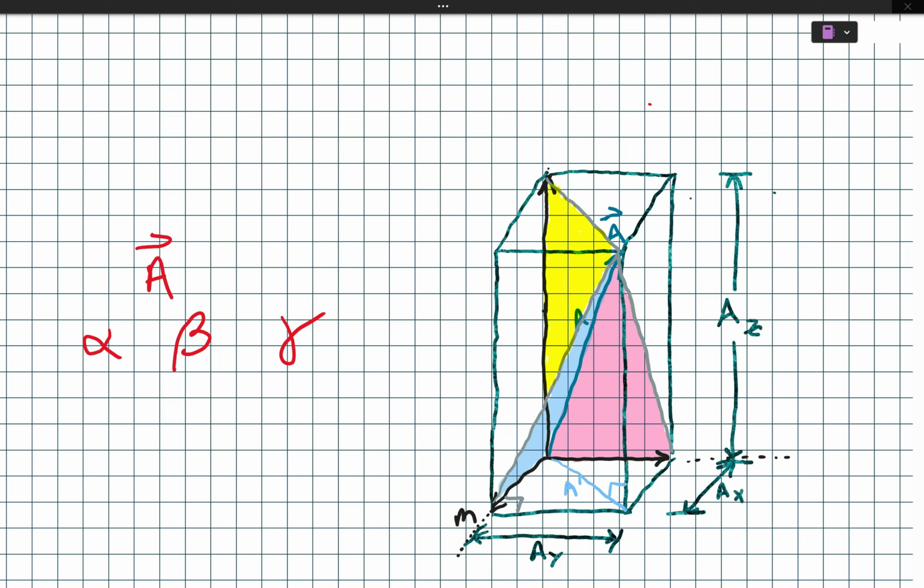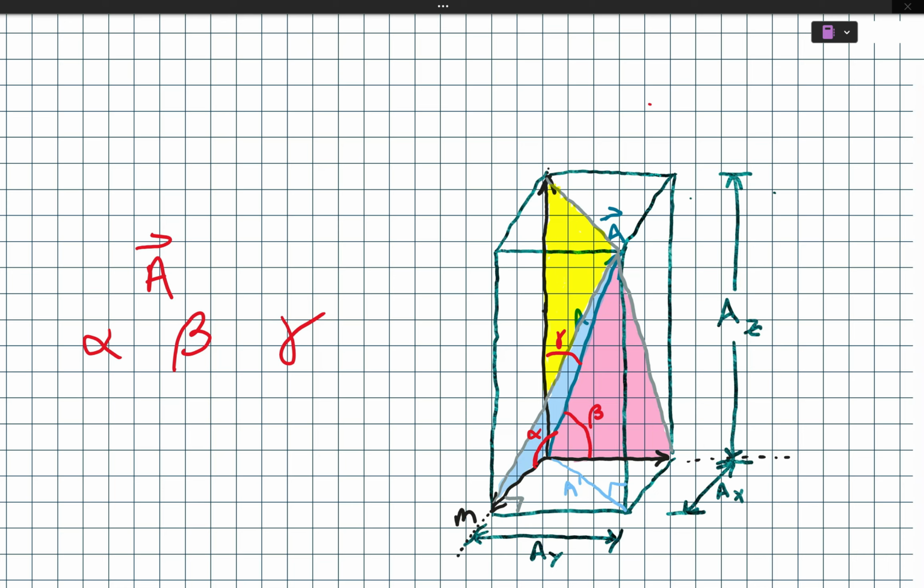Alpha is from here to here, beta is from here to here, and gamma from there to there.